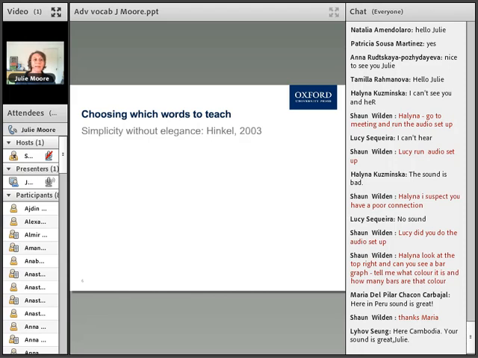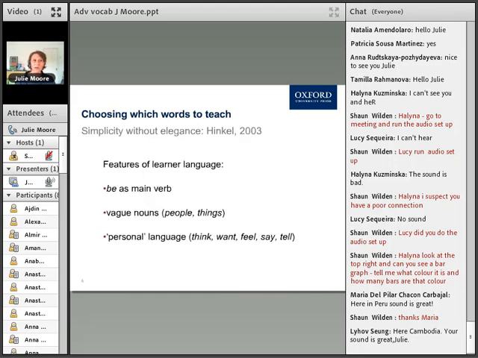The others were international students who had come to study at the university for whom English was a second language. So they were learners of English. They were high-level learners because they'd been accepted to study at this American university, but nonetheless they were learners. And she gave both groups the same task.